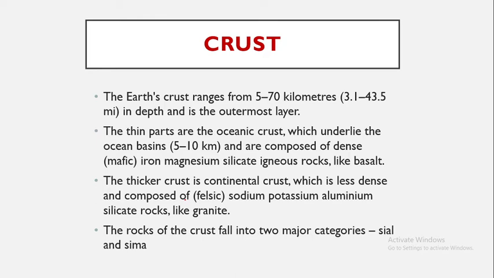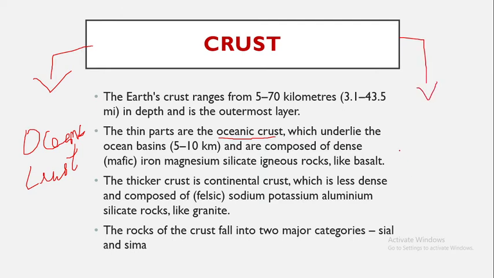Then the thin part is the oceanic crust. Again, the crust is divided into two types. One is oceanic crust, that you can see here, and the other type is continental crust. So here you can see the continental crust.